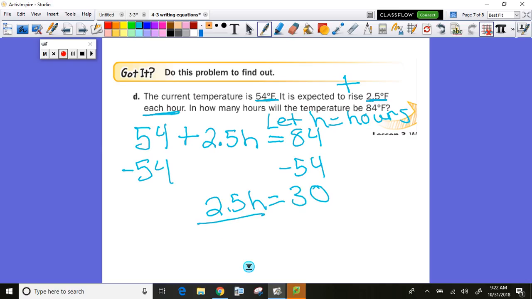Divide both sides by 2.5. I get 12 hours. You should always label the units if it's a problem with units.